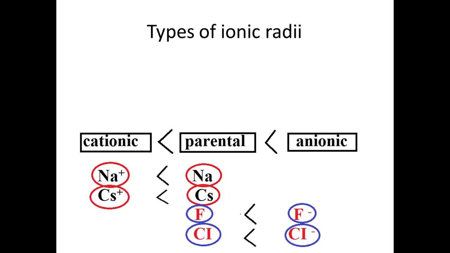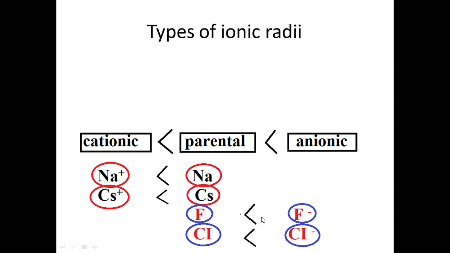Okay, come to the next. If we compare the ionic radii with the parental radii, then there are two types of ionic radii, one cationic and another anionic. Then the common trend observed is that cations always have a smaller radius than the parental atom, while anions are bigger in size than the parental atom. You can see here the unipositive sodium ion has a radius less than its parental sodium atom, while the cesium positive ion has a smaller radius than its parental atom cesium.